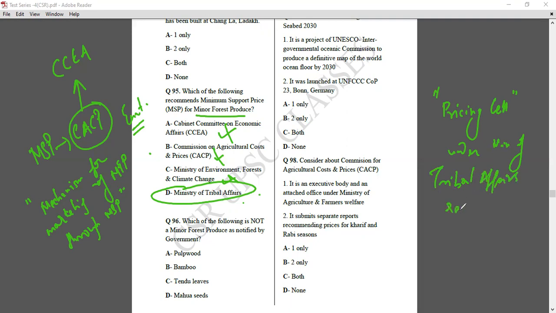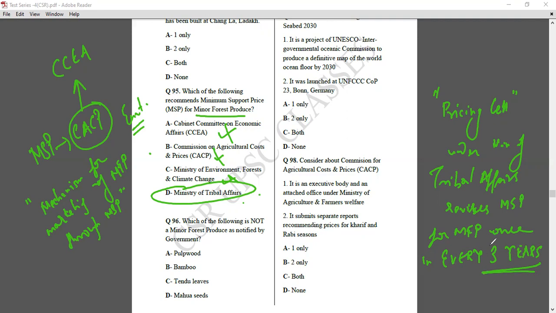It revises MSP for MFP, minor forest produce, once in every 3 years. Remember, recently it was revised, by the way, that's why it's in news.